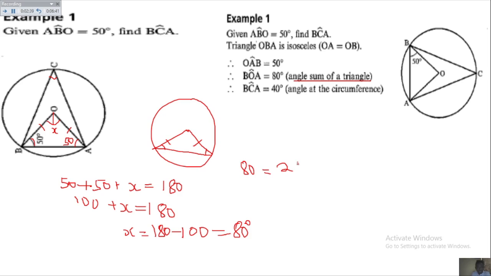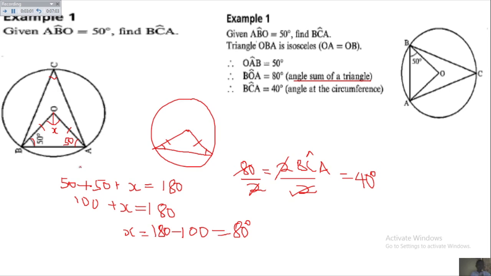You are going to see 2 of that, BCA. In that case, by the time you divide both sides by 2, automatically you are going to get 40. You get 40, meaning the angle at the center is twice the angle at the circumference.